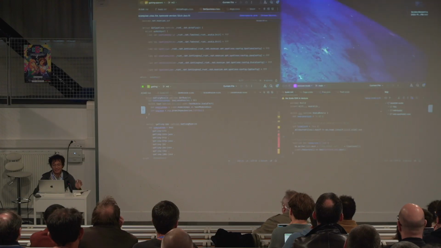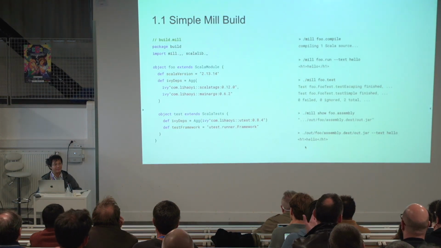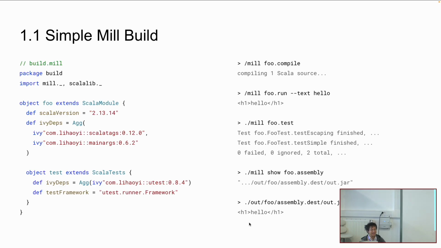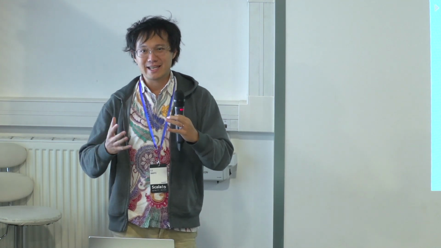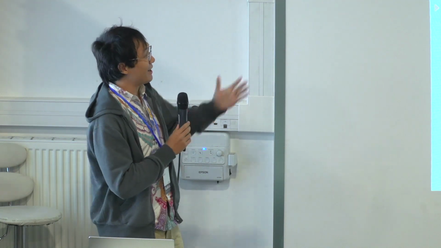So far, nothing here is that surprising. You've seen this all before. These are standard build tool functionality. The main thing that's interesting so far is that your Mill build is a Scala program. And it's not a Scala program the way SBT is a Scala program, which is a really complicated DSL built on top of Scala with lots of additional functionality. It's a Scala program in that you have objects.